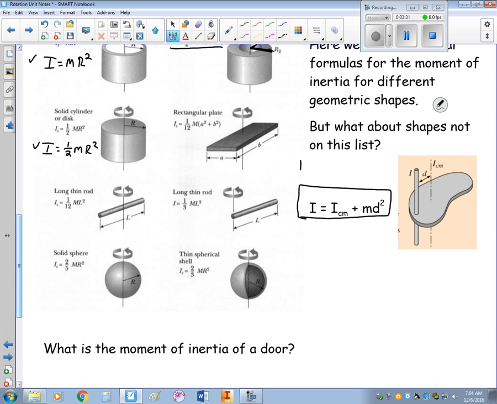We also have the moment of inertia equaling the sum of all individual moments of inertia. We're not going to deal with that too much. I'll show you some problems in class to give you a better idea of that.